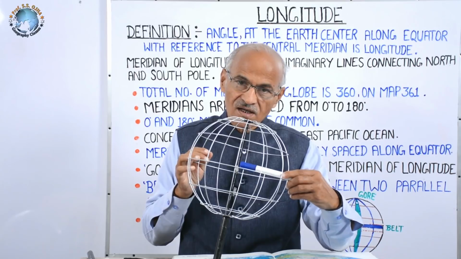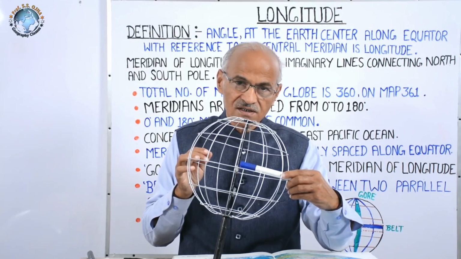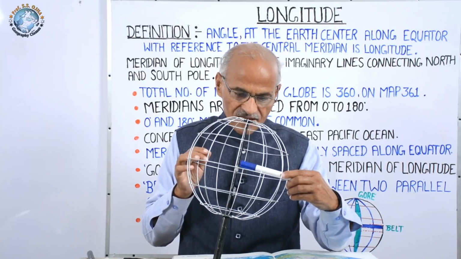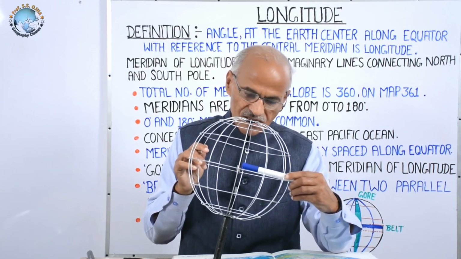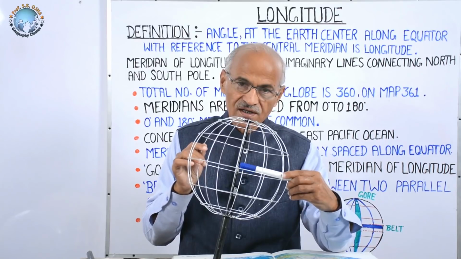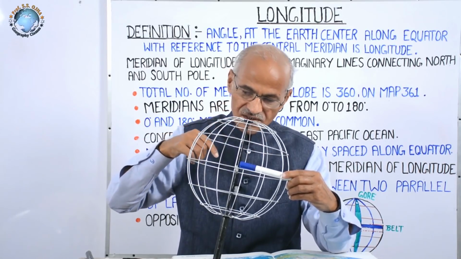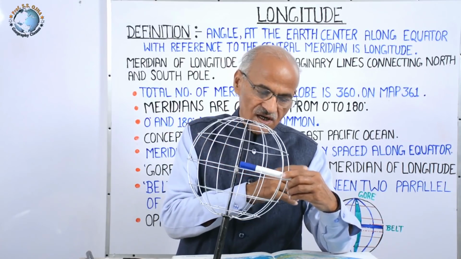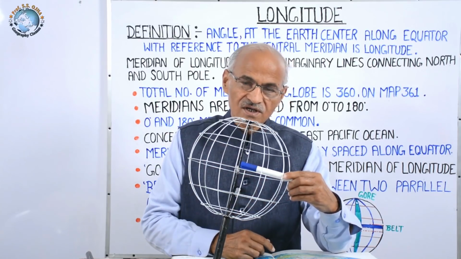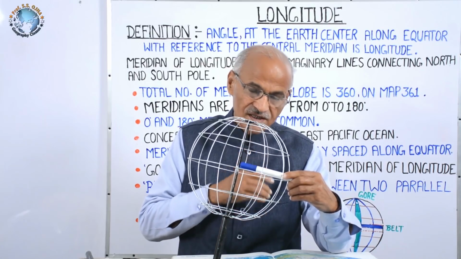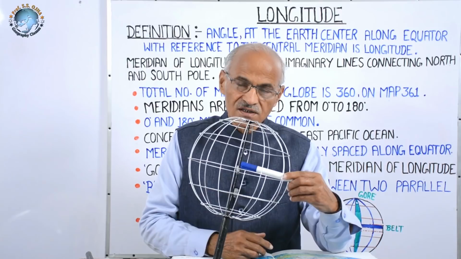But in counting there may be a difference. If you call it the 0 meridian and start counting clockwise or anti-clockwise, then this will be called the 360 meridian. There will be a dispute. What will it be, 0 or 360?